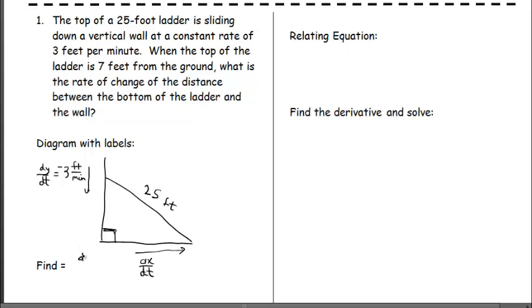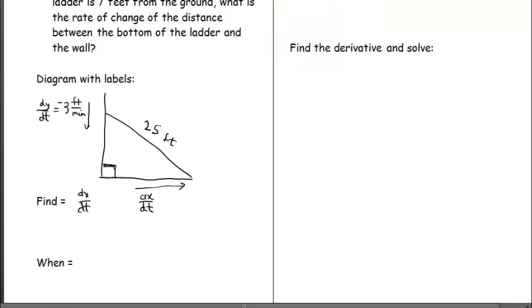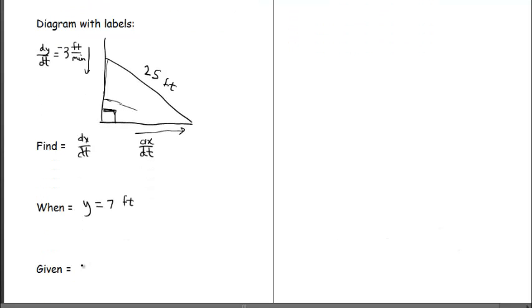So we're finding dx/dt, when y is 7 feet, when this ladder has slid down to about right here. If I'm using x and y for the sides, I'm going to go ahead and use z here, given the ladder is 25 feet, and also given the rate of change of the vertical component.